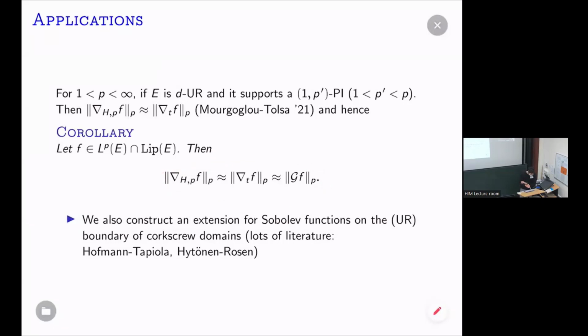And also a nice application, which I won't go into details about here, is that we can construct an extension of Sobolev functions on the uniform rectifiable boundary of a corkscrew domain.